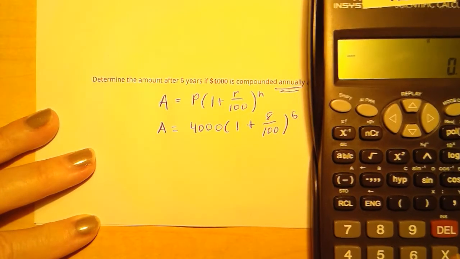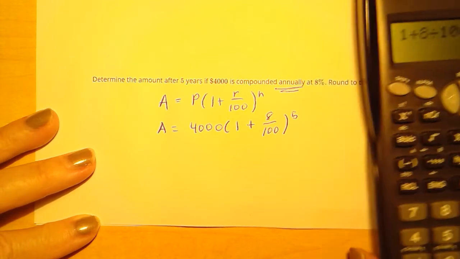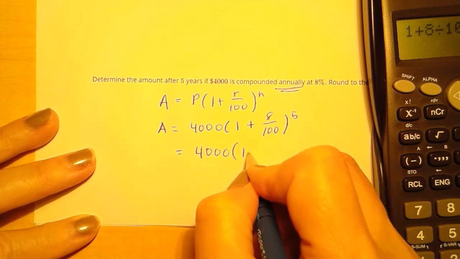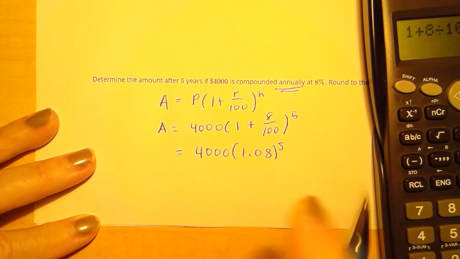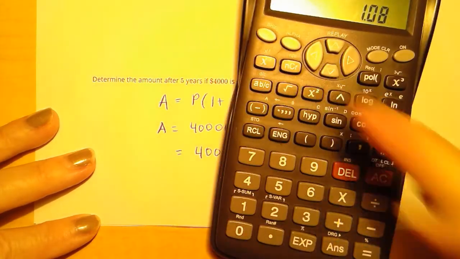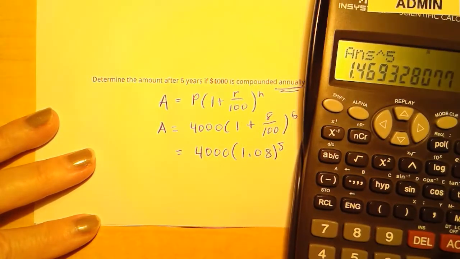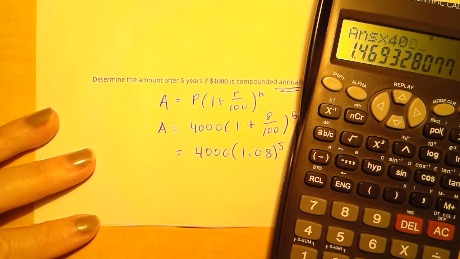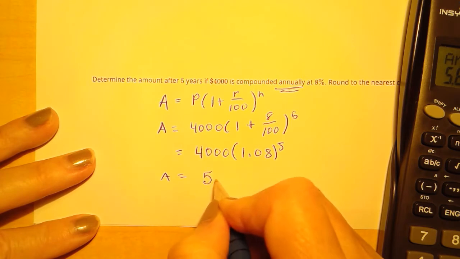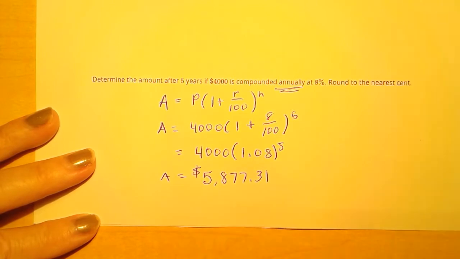So I'm going to go 1 plus 8 divided by 100. Now, I have to raise that to a power, so you have to figure out where on your calculator you can do that. Mine's right here, it's a little caret. And it gets some crazy long number. Then I'm just going to multiply that by 4,000. Some of you have that key on your calculator that's a y to the x key. We've done it before. You need to find that so you can raise something to the 5th power.